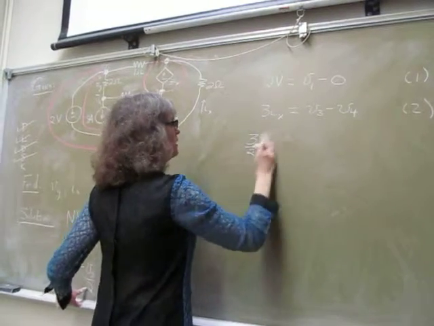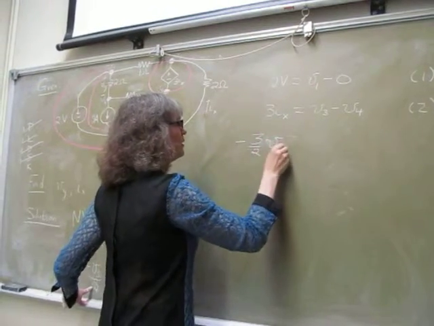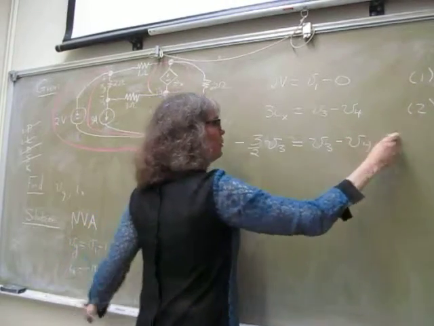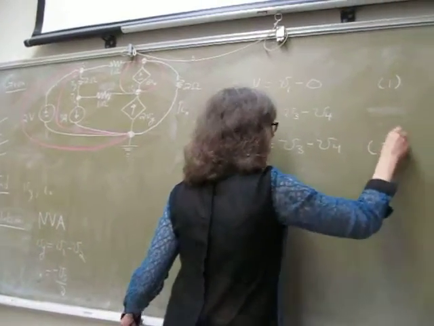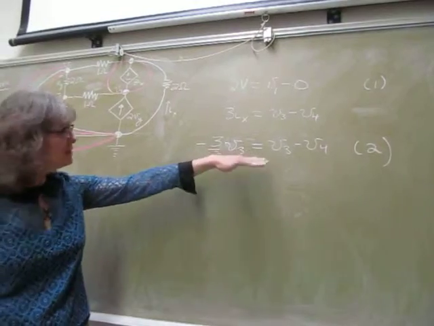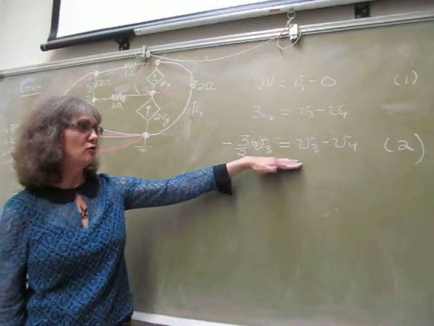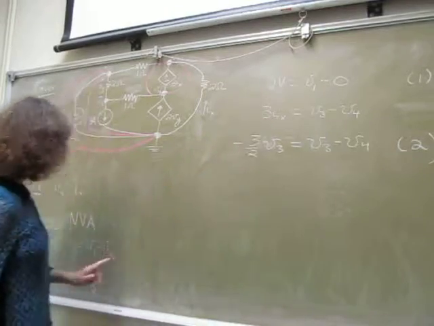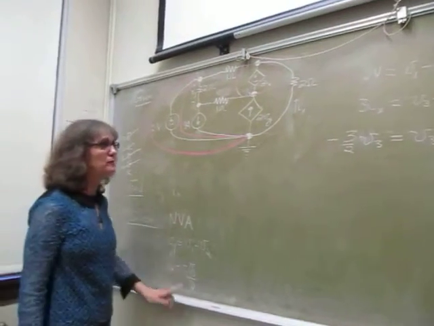So it's really minus 3 halves V3 equals V3 minus V4. So that's actually what I want to label as equation 2, because this is the one that only has node voltages in it. So from here, I just substituted in what I know Ix to be.